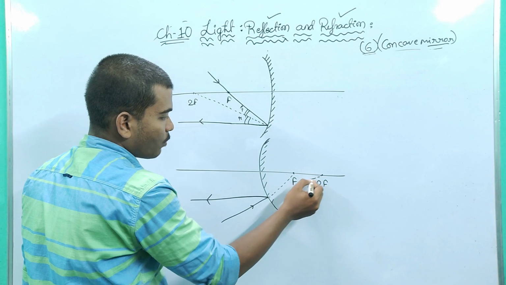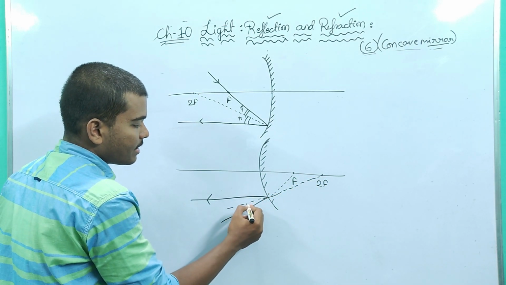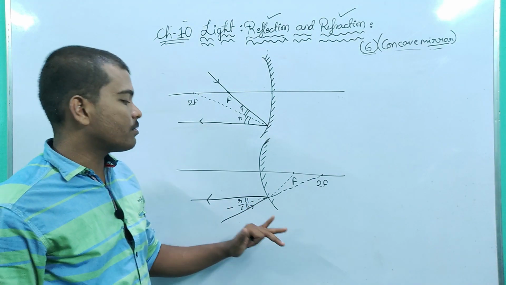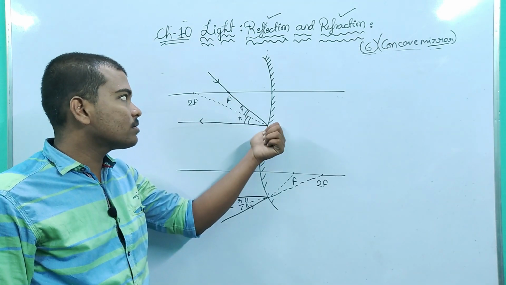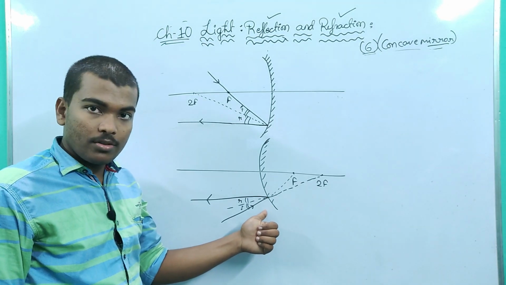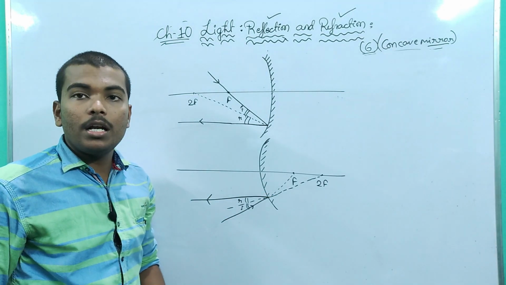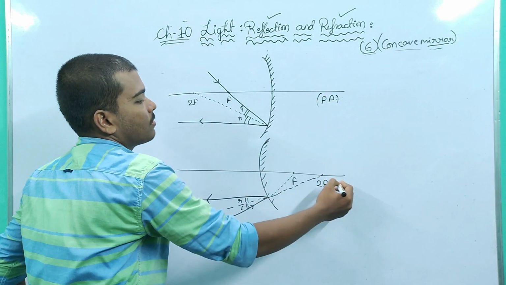If I join the 2F, this is the incident angle and this is the reflected angle. The second rule: if it passes through the focus or appears to pass through the focus in case of convex, it will get reflected parallel to the principal axis.